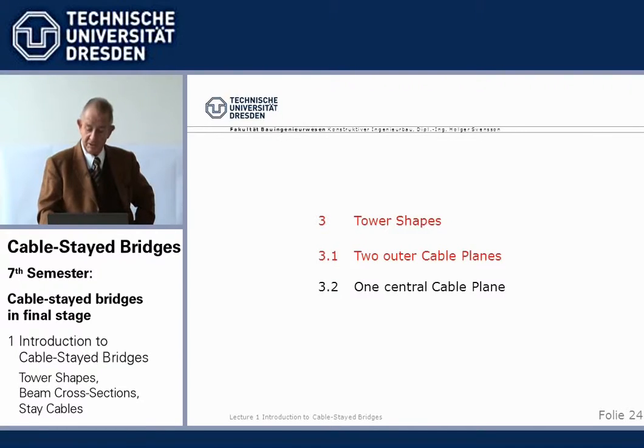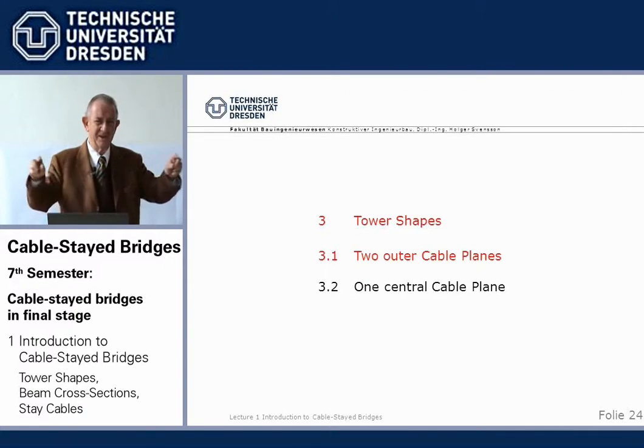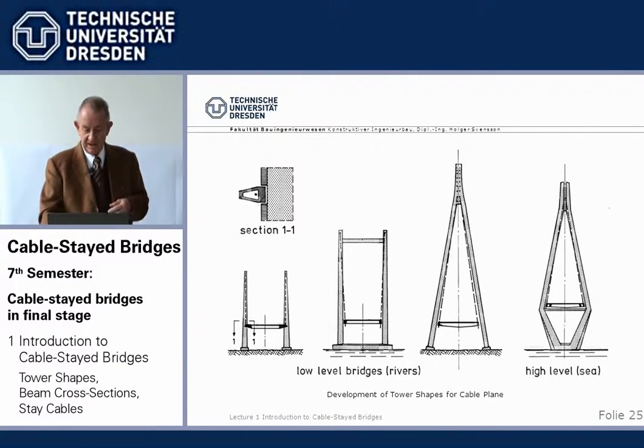Those are the towers, which to a large extent with the stay cables give the aesthetic appearance of a cable-stayed bridge. The beam is more or less similar and stay cables shall be fine. They are also similar in the two shapes. Now the towers distinguish cable-stayed bridges from one another.